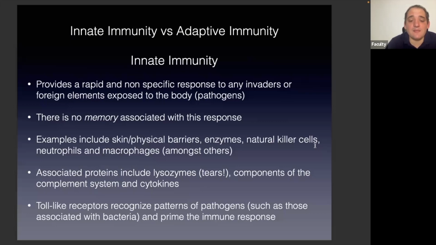And innate immunity is often very quick. It can be robust as well. It's a rapid, non-specific response. What I mean by non-specific is that it's not really programmed for any type of memory.